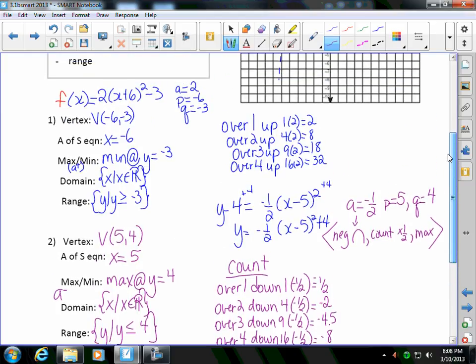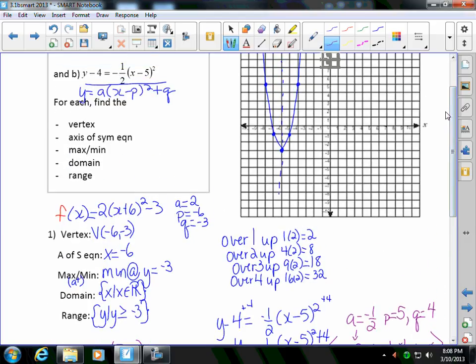So let's start our graphing with our vertex at (5, 4). So we count 5 over to the right and 4 up. Puts us right there. And then you do your counts. So the first one was over 1, down 1/2. And then to the left of the vertex, over 1, down 1/2.